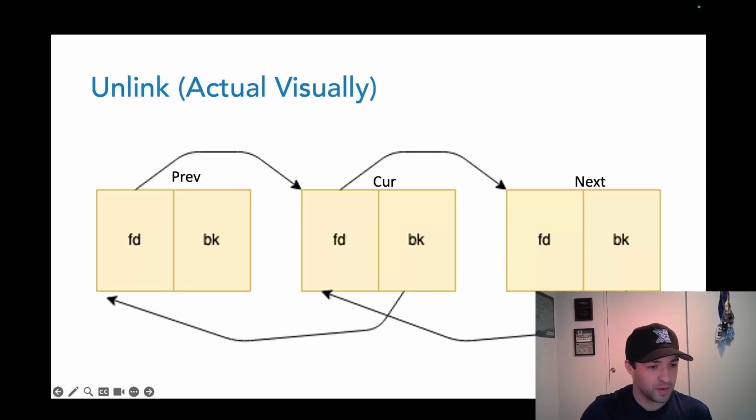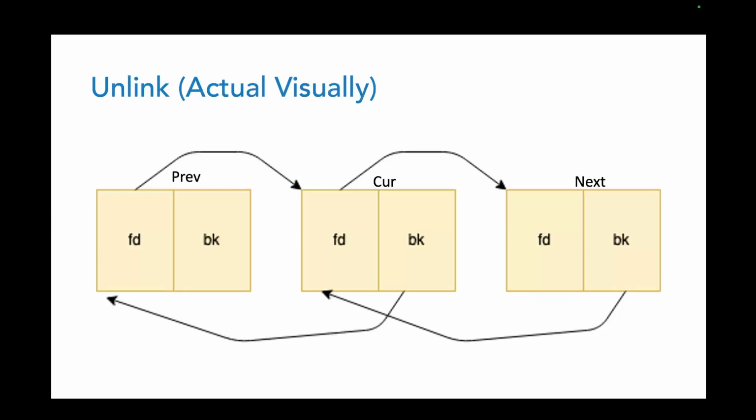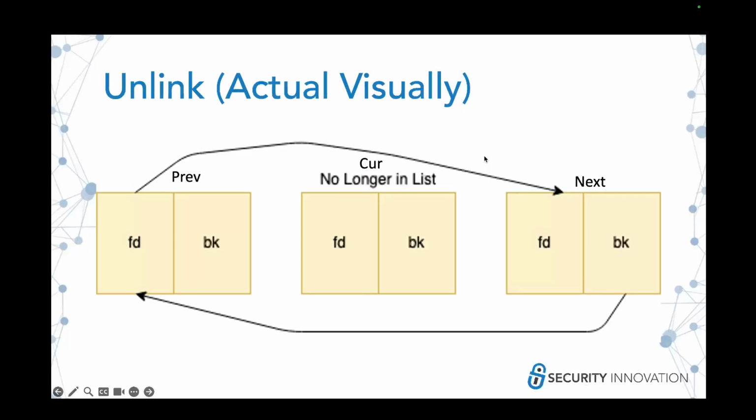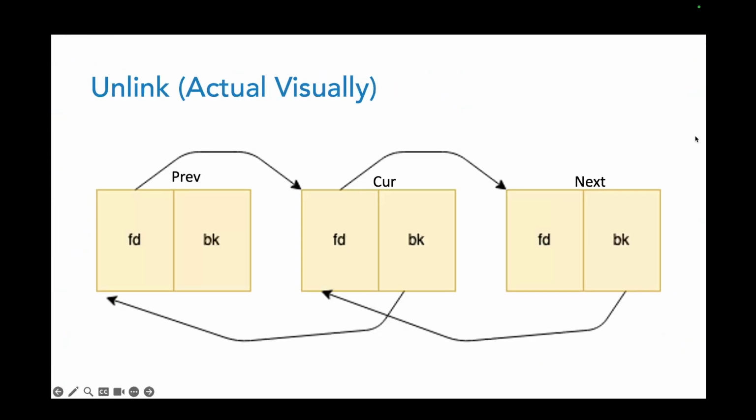I'm going to pull out my pen, just to make this a little bit easier to see. In practicality, what we're doing is we're removing cur. We want to remove cur from the list.